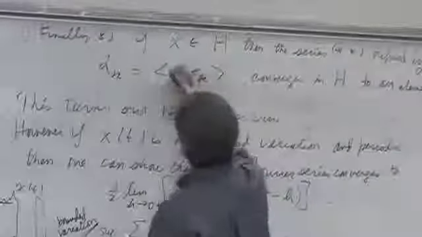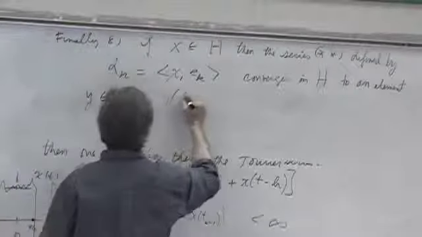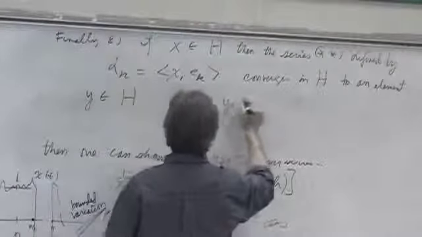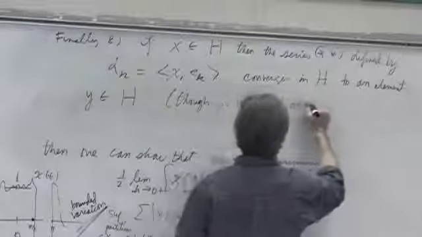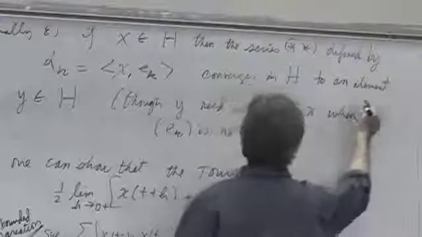I'm going to go back to given the x in the Hilbert space. It converges to an element y in H, though y need not equal x when ek is not total. And we'll see what total means below.